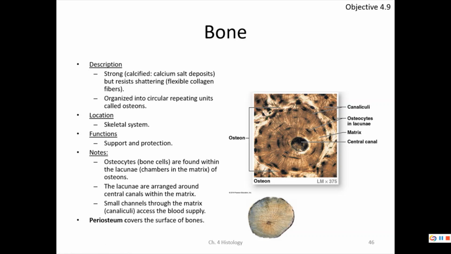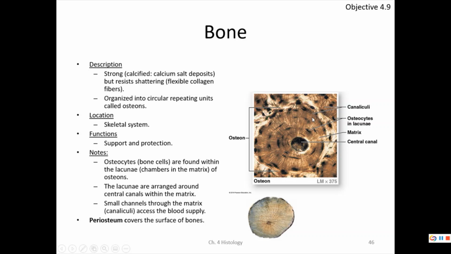Now, two things I could do on here. I could tag and say, name the tissue, bone. Or I could put a bracket around an osteon and say, name that. Or name this hole, central canal. Name this little thing here, lacuna. Name these small channels, canaliculi.